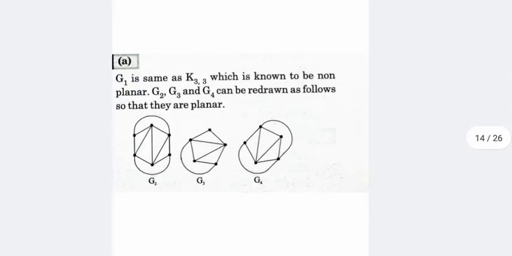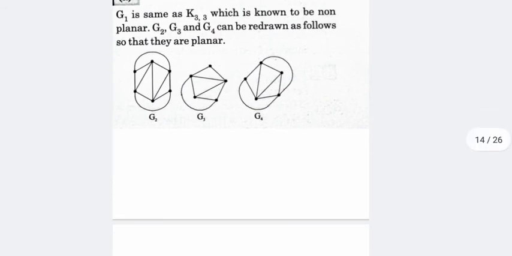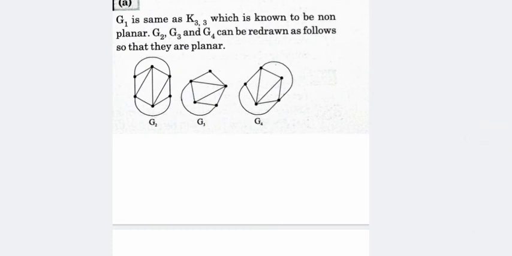Here G1 is the same as K3,3 and it is easily identified as non-planar. G2, G3 and G4 can be redrawn as follows. So G2, G3 and G4 are planar and G1 is non-planar. That is option A.